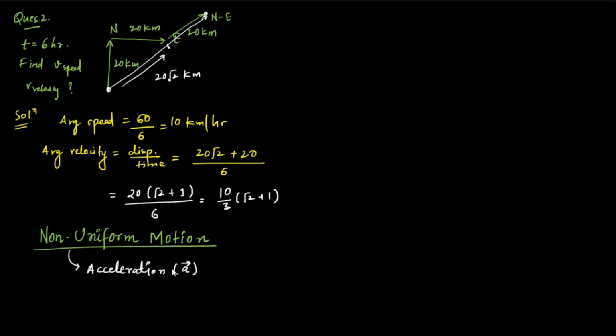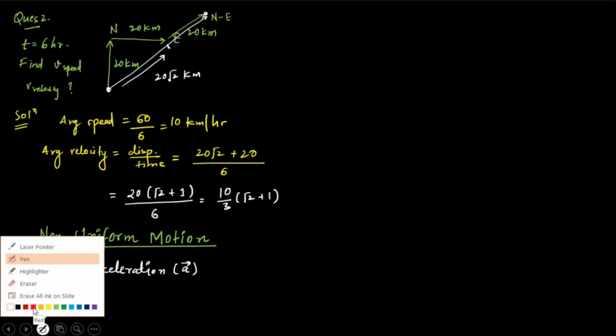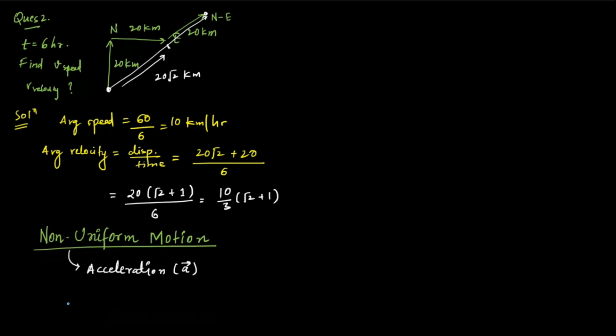It is also a vector quantity. Keep that in mind. Whenever we are learning it from the vector's point of view, they are going to be important. But here we'll generally look at its magnitude side. So acceleration is something which actually increases the speed of a particle already moving with some initial speed in some short period of time. If a particle is experiencing any acceleration, the motion is not going to be uniform, it is going to be non-uniform motion.